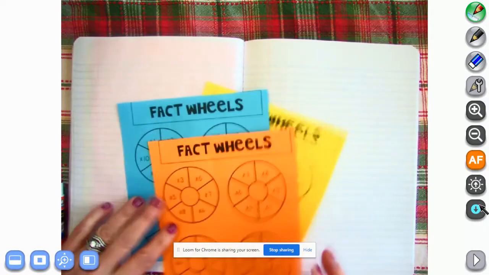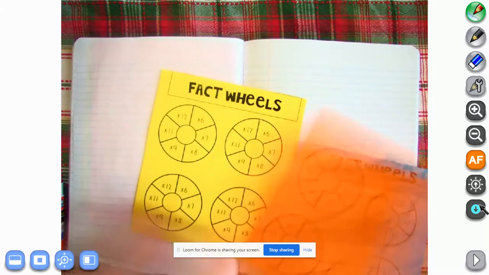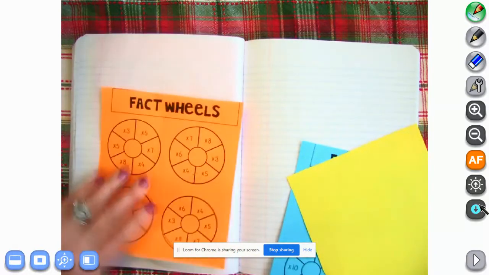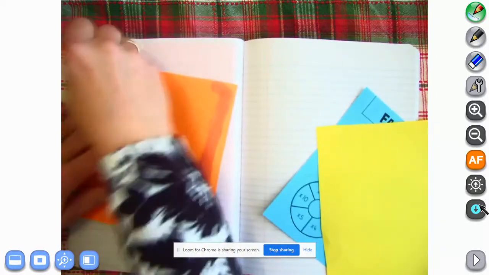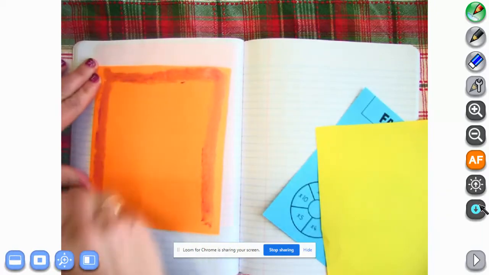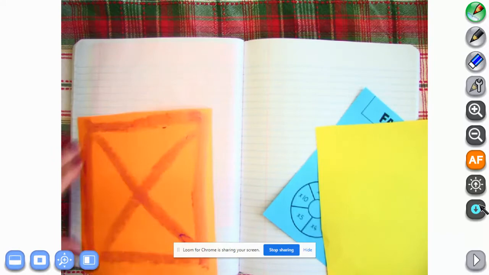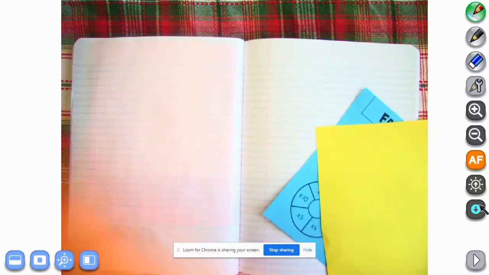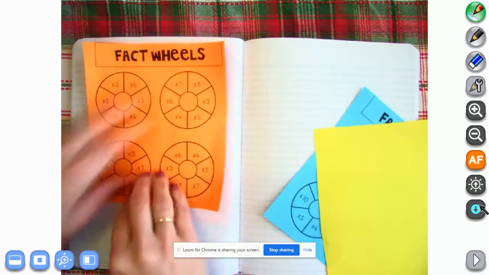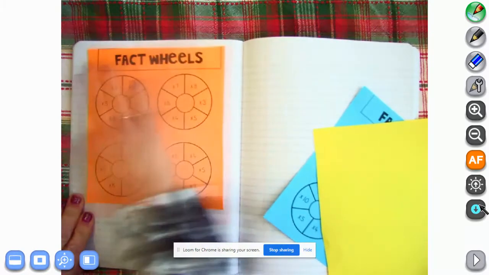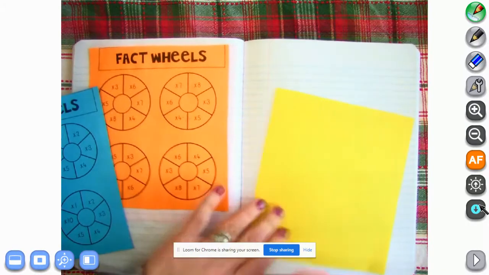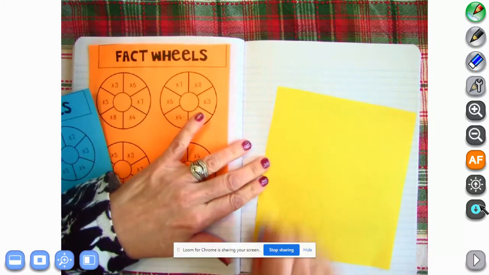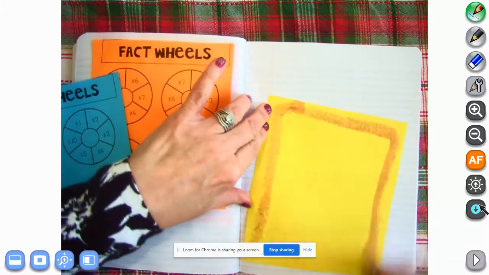And we're just going to get some pages glued in. All right, it doesn't matter which one you do first. So if you want to glue in the orange one, the yellow one, the blue one, it doesn't matter which one you glue in first. You can choose which one you want to do first. Okay, glue in the next one on the next page.